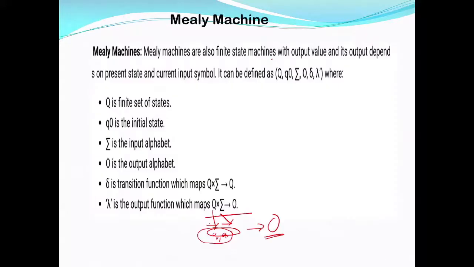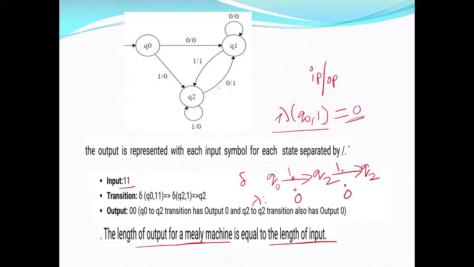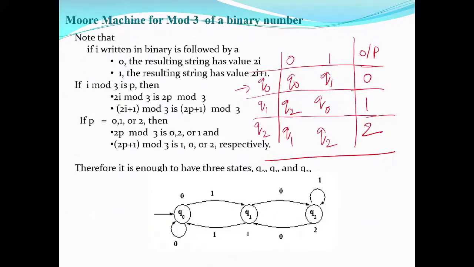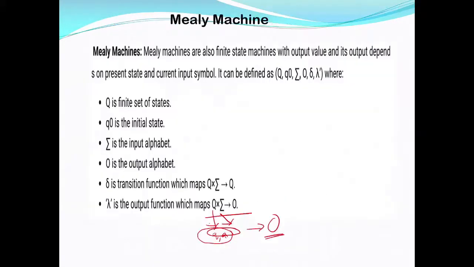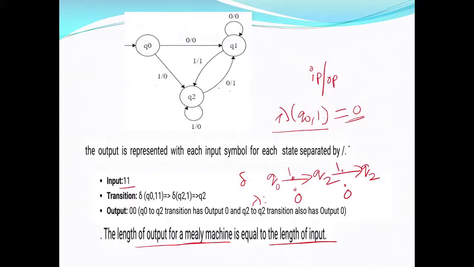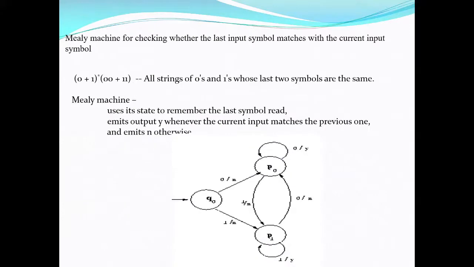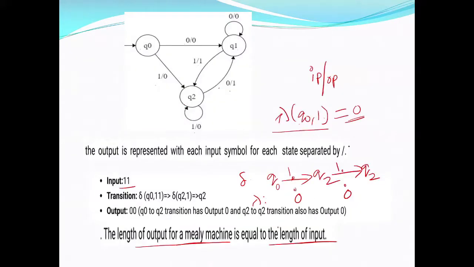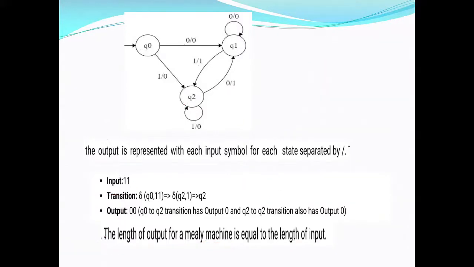Similarly, you can go for Mealy machine. So for Moore machine I have written. For Mealy machine, if you want to write the transition table, you can write. For example, let me write transition table for this. It's very simple. What I have now is q0, q1, q2.